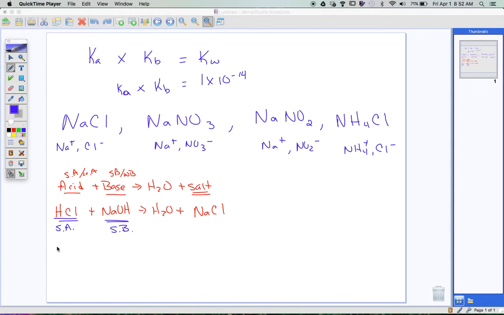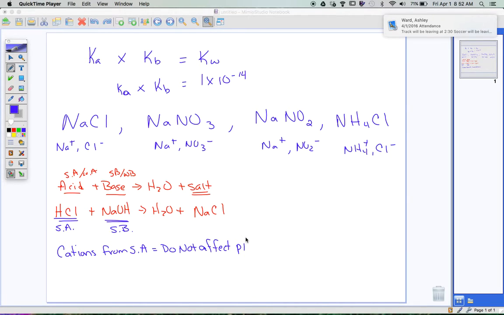So cations that came from strong acids do not affect the pH. Okay, because remember, if they're really strong acids, then the conjugate base is very, very weak. So it's so weak that it's not going to affect the pH.